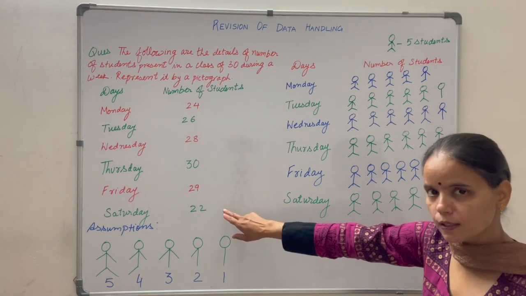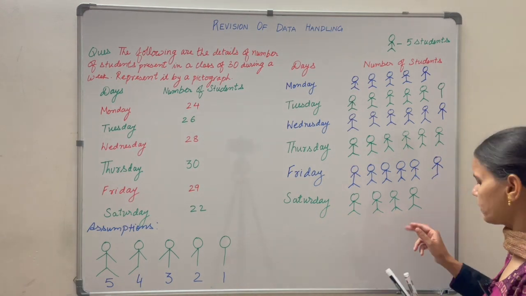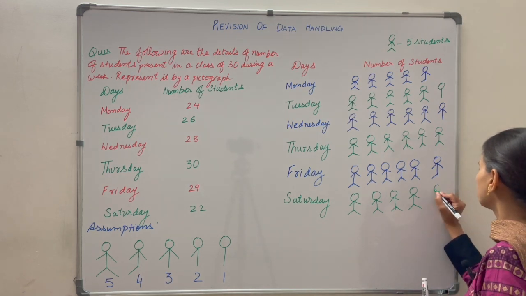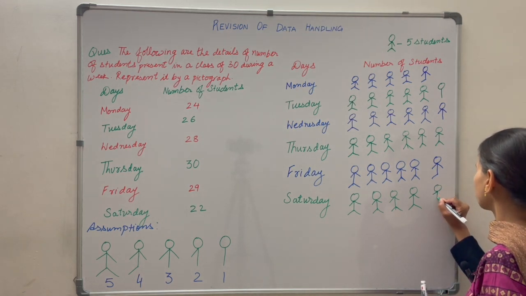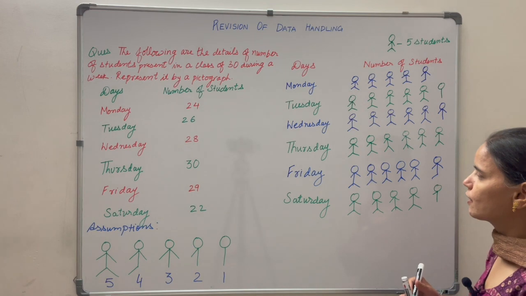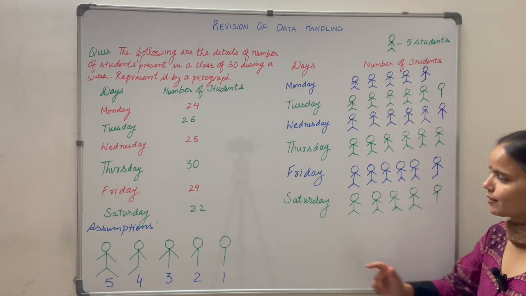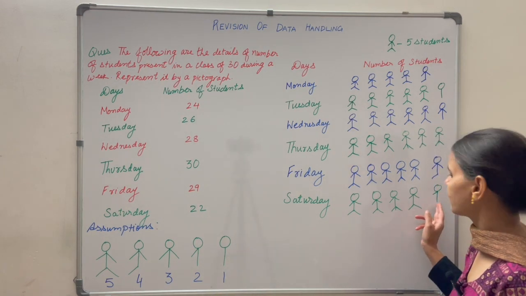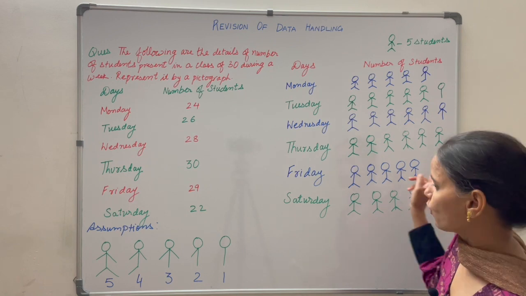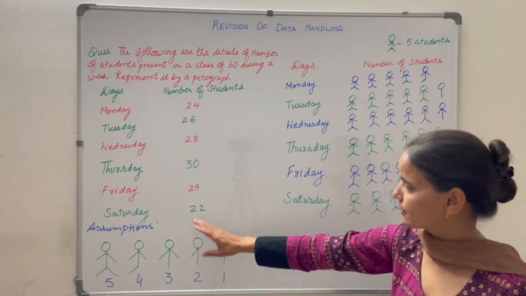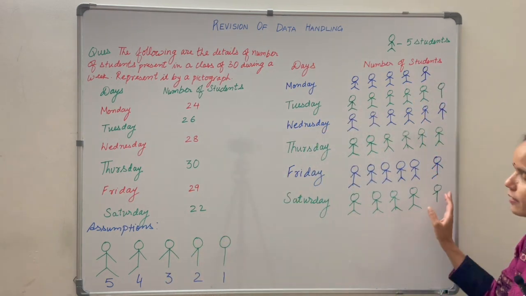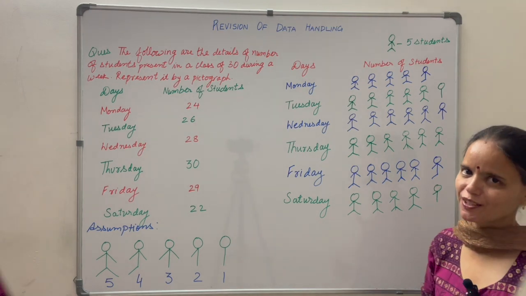Then for Saturday 22: 10, 20, 21, 22. So like this we draw the pictograph. You can see for 2 we have made like this. This is for 4 like that. This assumption only we have followed here and made the pictograph.